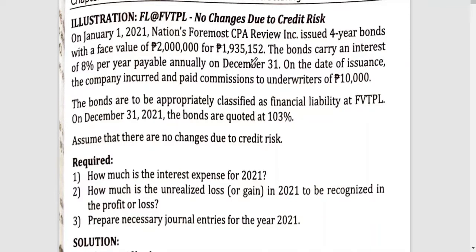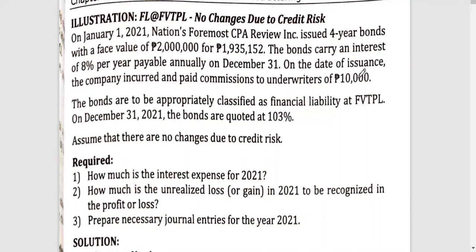On the date of issuance, the bonds carry an interest rate of 8% per year, payable annually on December 31. On the date of issuance, the company incurred and paid commissions to underwriters of 10,000. The bonds are to be appropriately classified as financial liability at FVTPL.